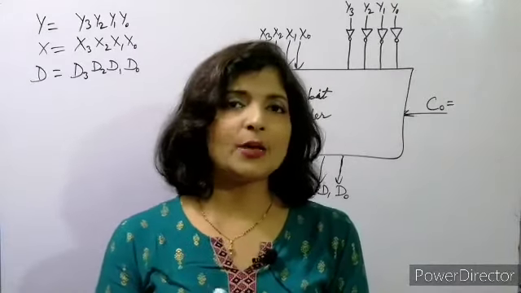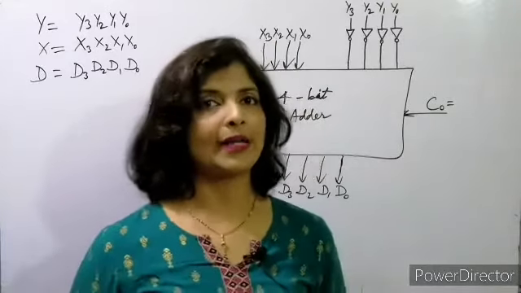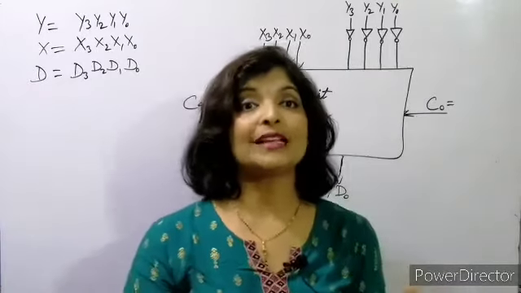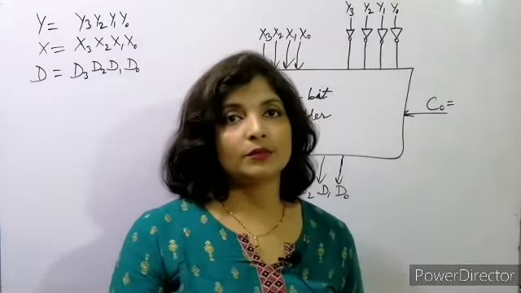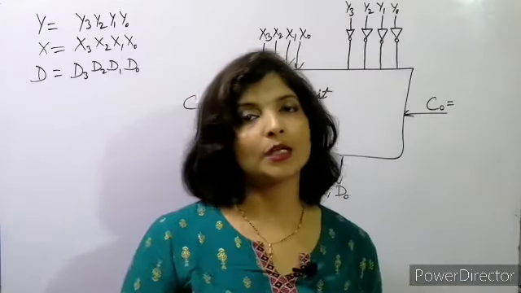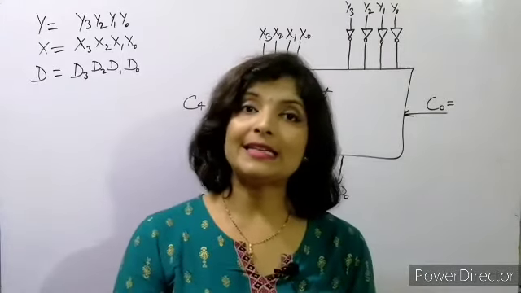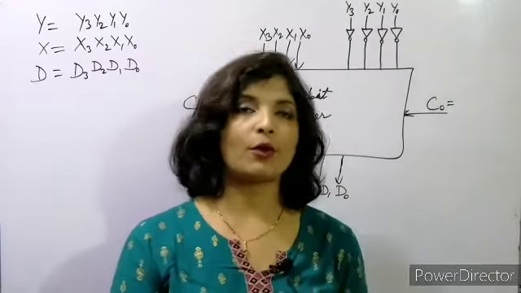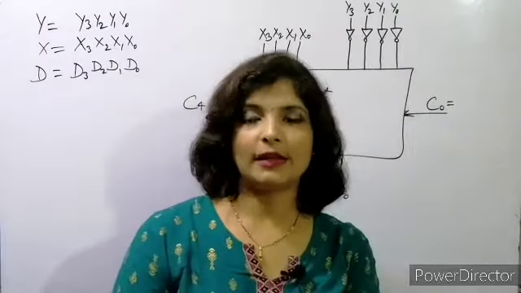The input that is to be subtracted, that is y, is an n-bit binary value, and it should be subtracted from another value, that is x. So we consider n is equal to 4. So y is a 4-bit binary value that has to be subtracted from x, okay. X is another 4-bit binary value.